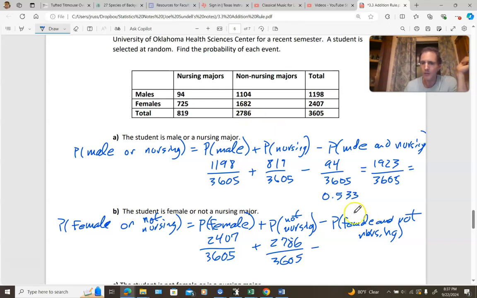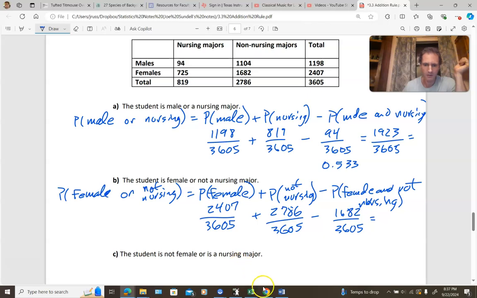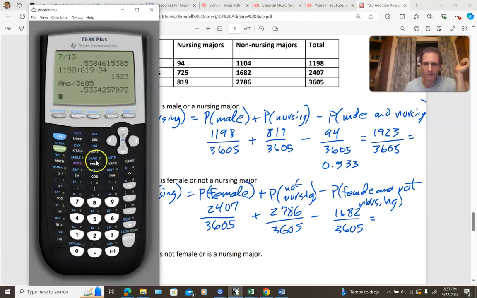Minus the probability that the student is both female and not a nursing major, okay? So let's look here in this female row, and then of these, there is 1,682 female students that are not nursing majors. So 1,682 out of that same total. And we're going to need to use our calculator again here.